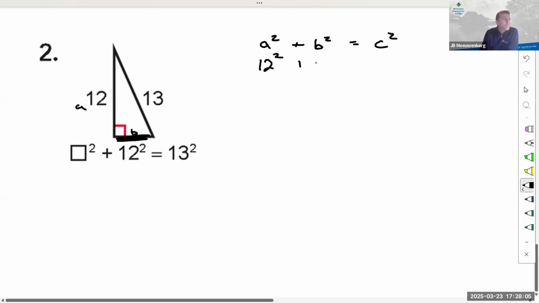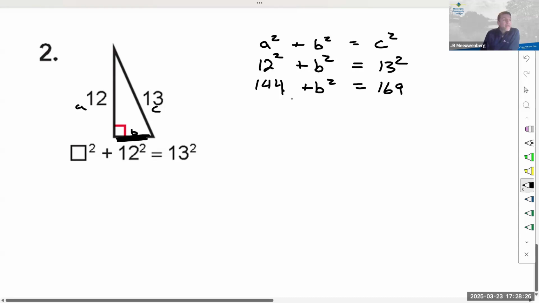12 squared plus B squared is equal to 13 squared. Sorry, 13 squared. C is 13. Our hypotenuse is 13. And so 12 squared is 144. 13 squared is 169. Fill in the rest of that equation, and it looks like this.